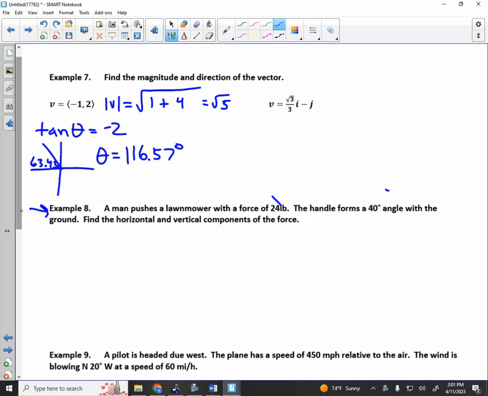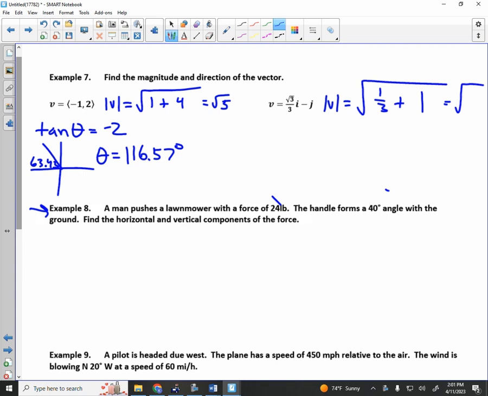Okay? So what if we give you some more complicated numbers? I have the magnitude of the vector is equal to the square root of, what happens if you square the root of 3 over 3? 3 over 9. And 3 over 9 is 1/3. Now add to that 1 or 3/3. 1/3 plus 3/3.